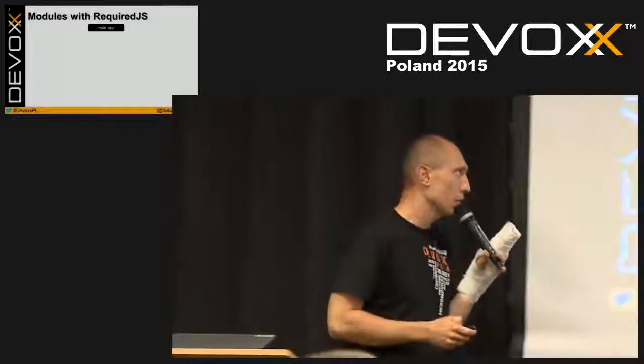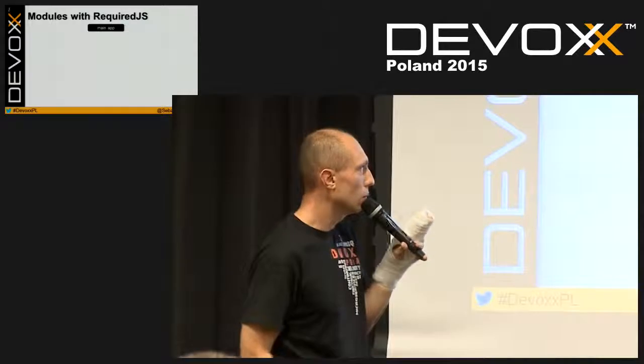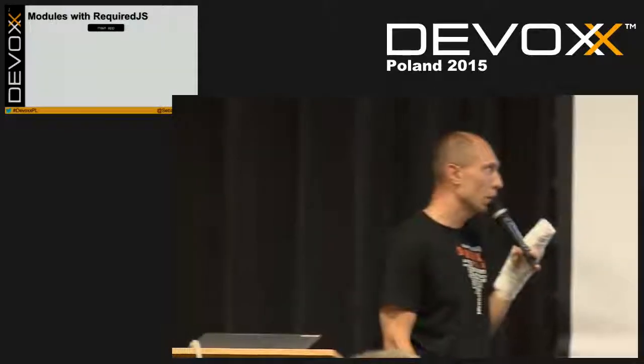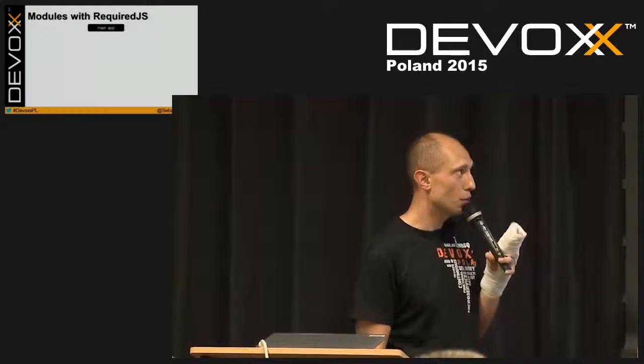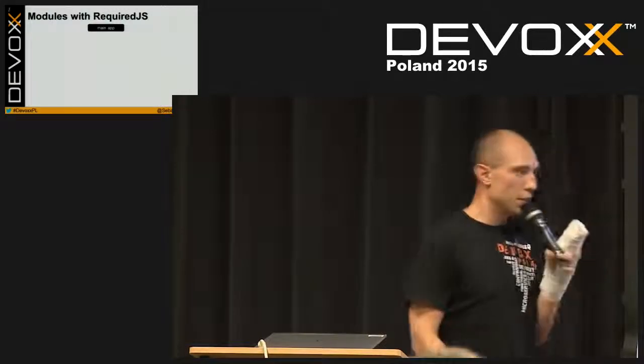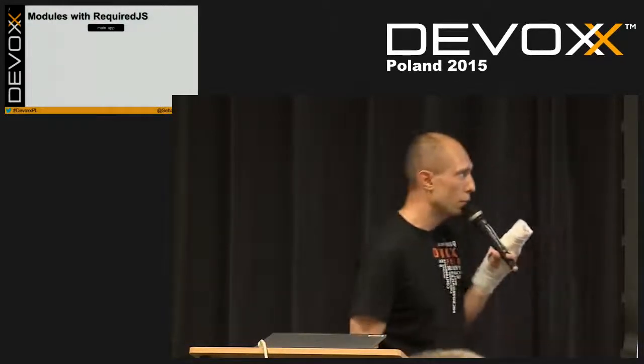The question is how we can deal with the dependency injection, with the big application, what we can do to make it really fast and to easily download it from the server to the browser.